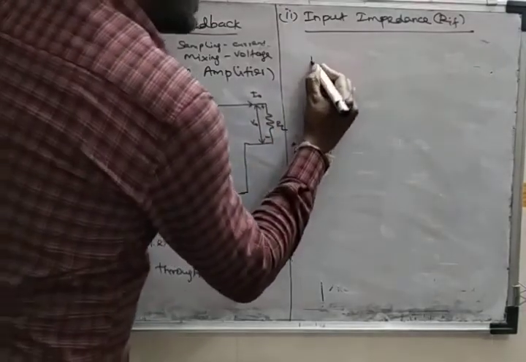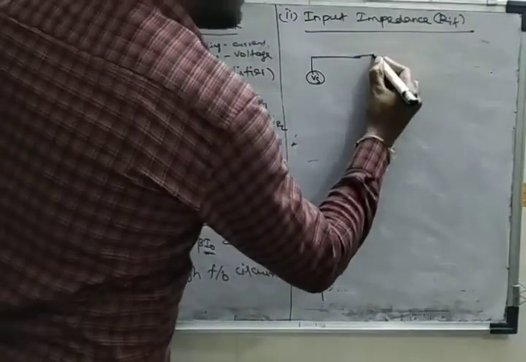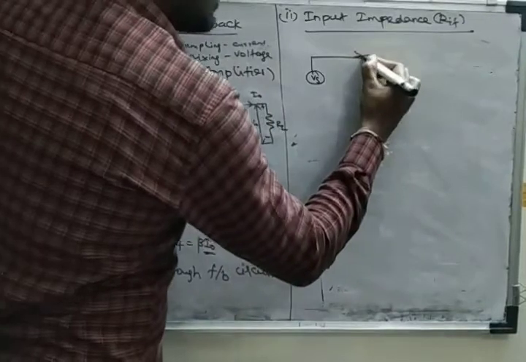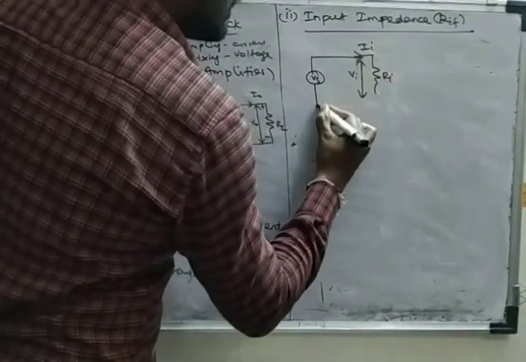Here we have Vs and input resistance Ri. This value is Va.